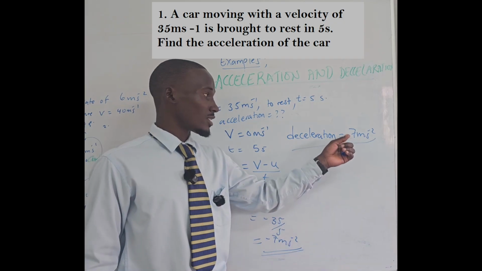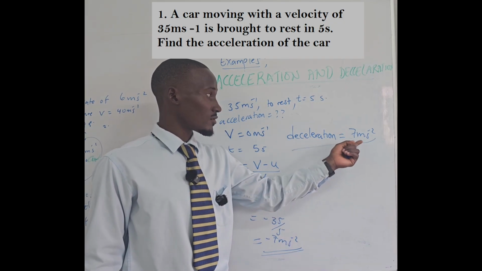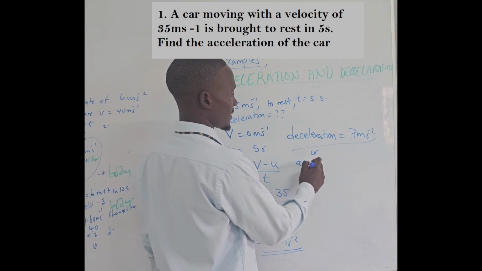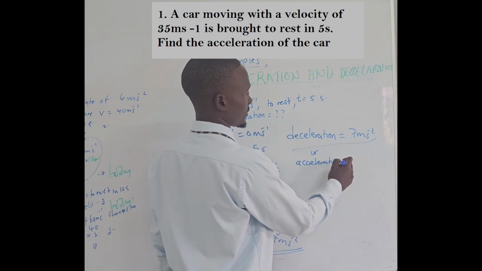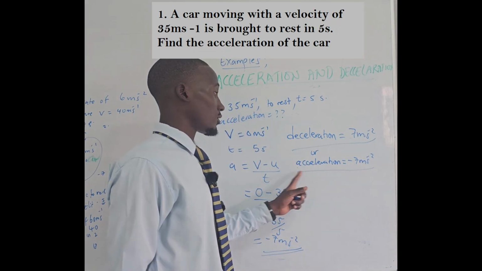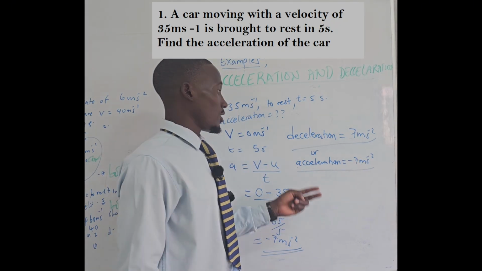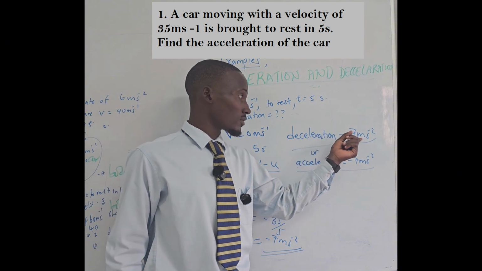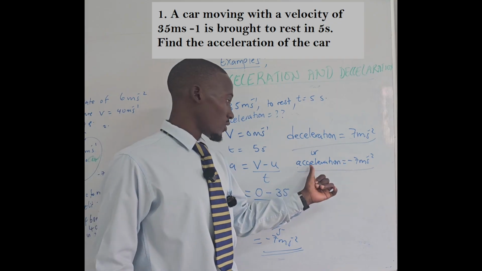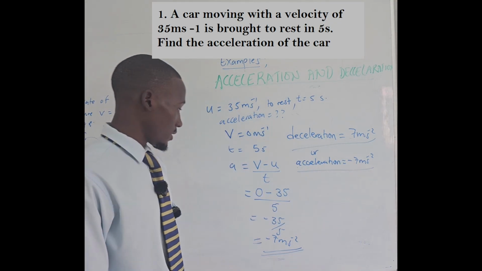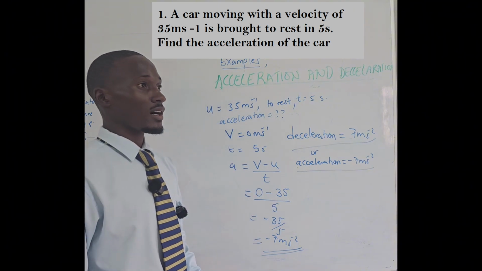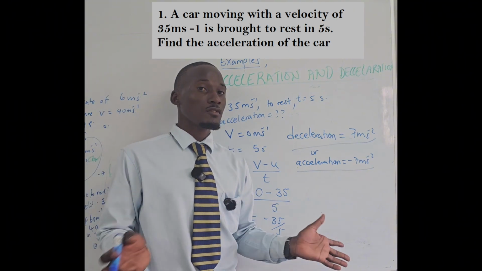You just say 7 meters per second squared, or you say acceleration is negative 7. So if you use the word deceleration, you don't put a negative. If you use the word acceleration, you put a negative. And this implies that the body had a decrease in velocity.